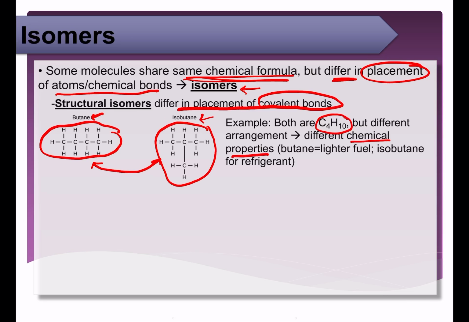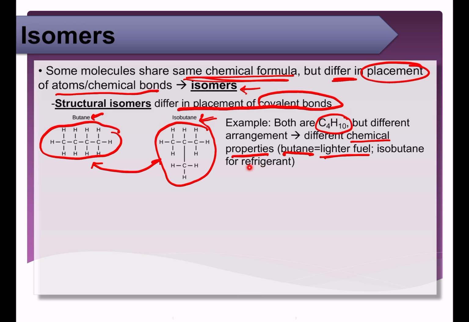Butane is a fuel that we use in lighters, fire lighters. Okay, so the liquid within there is a fuel that is made up of butane molecules. Isobutane here, which is this branched version of the hydrocarbon, is actually a refrigerant. Okay, one is for fire, heat, while the other is a coolant, as a refrigerant.